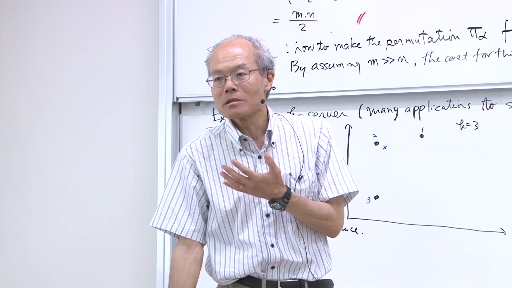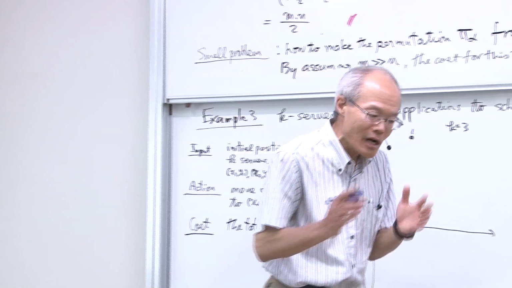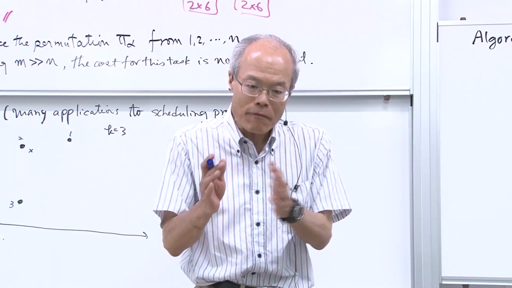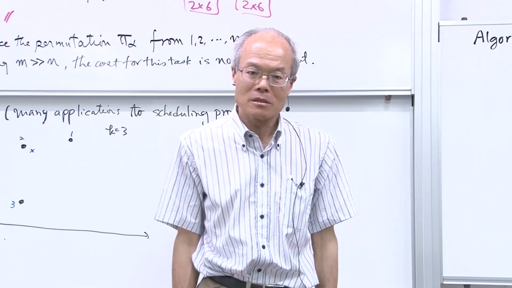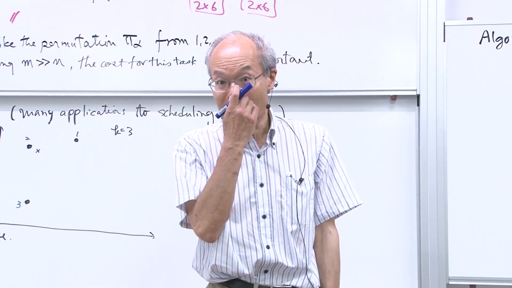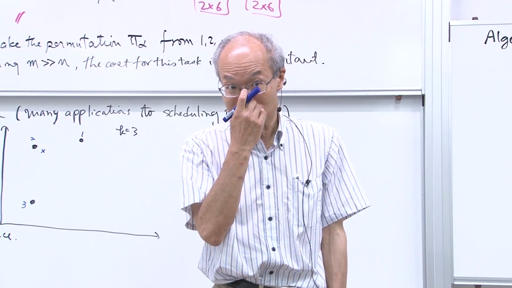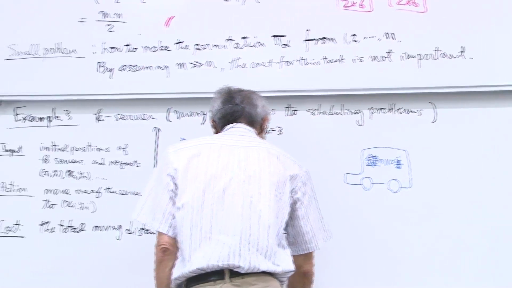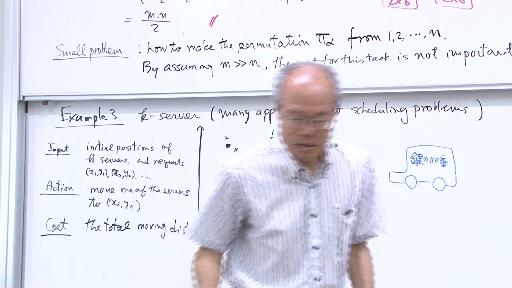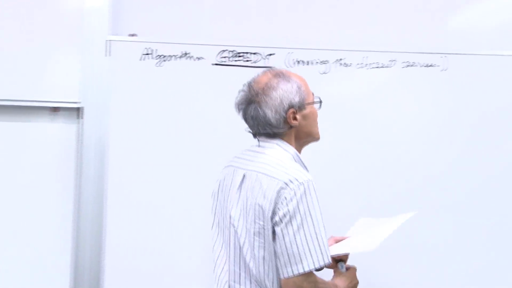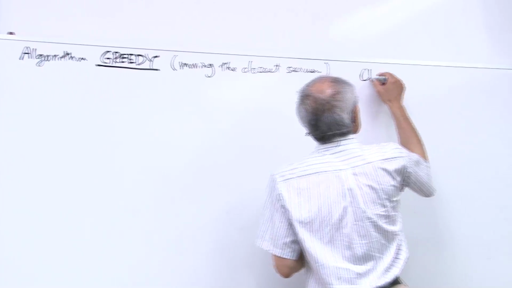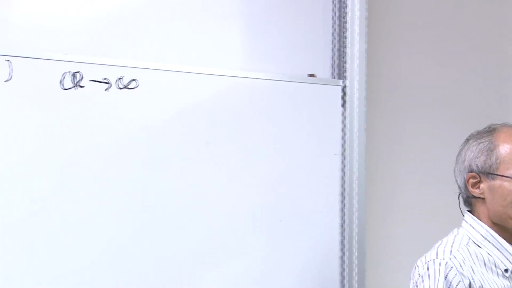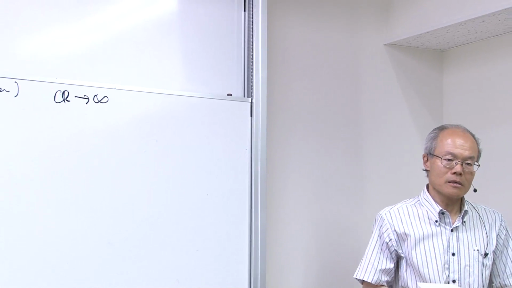That means we have to consider a good algorithm which works pretty well for the worst case. So, unfortunately, this greedy has a competitive ratio of infinity.